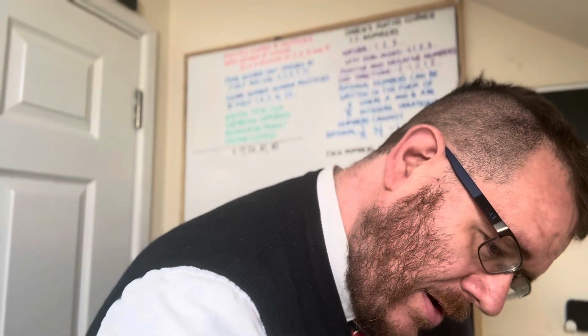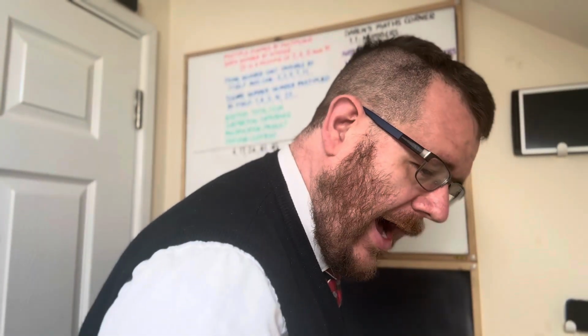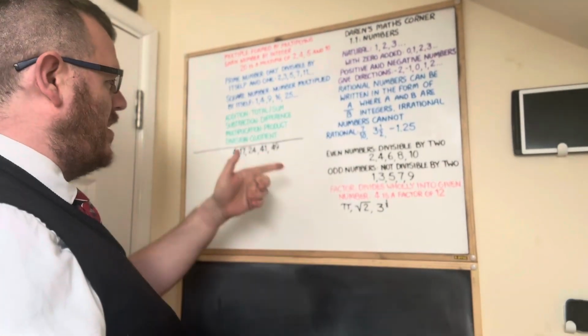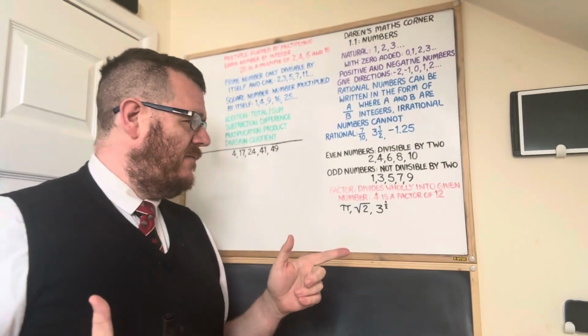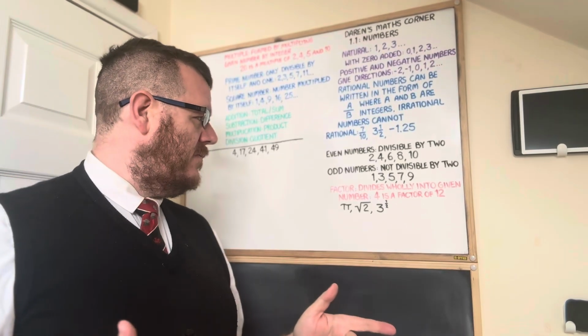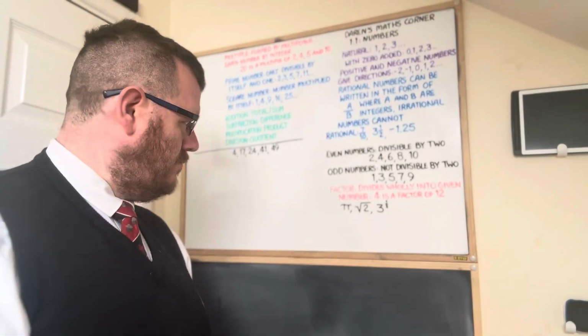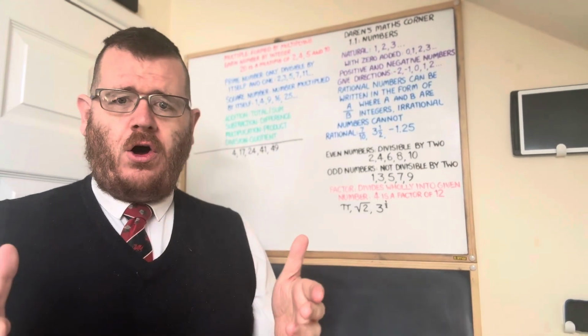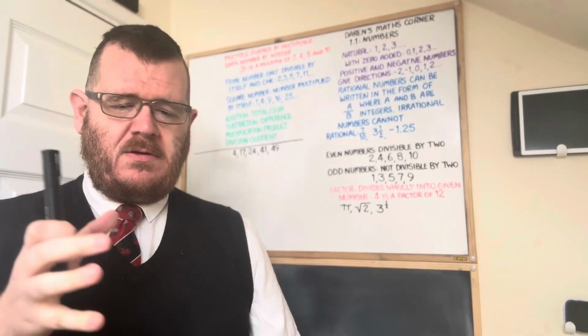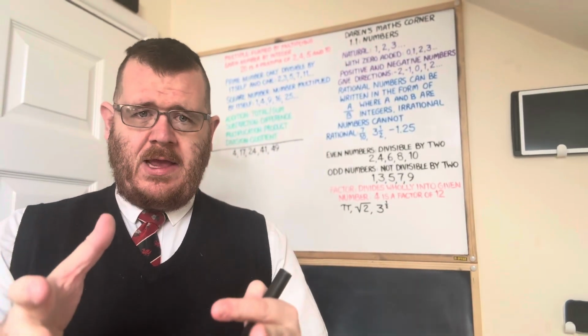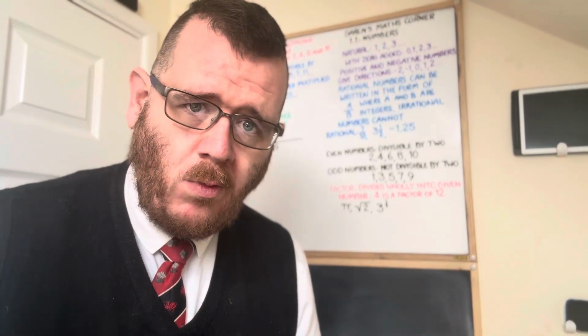The next thing I wanted to show you at this point is you've got other things as well. You've got factors, where a number divides wholly into another number without leaving a remainder. So 4 is a factor of 12, so 12 divided by 4 is 3, which means 3 would be a factor as well.